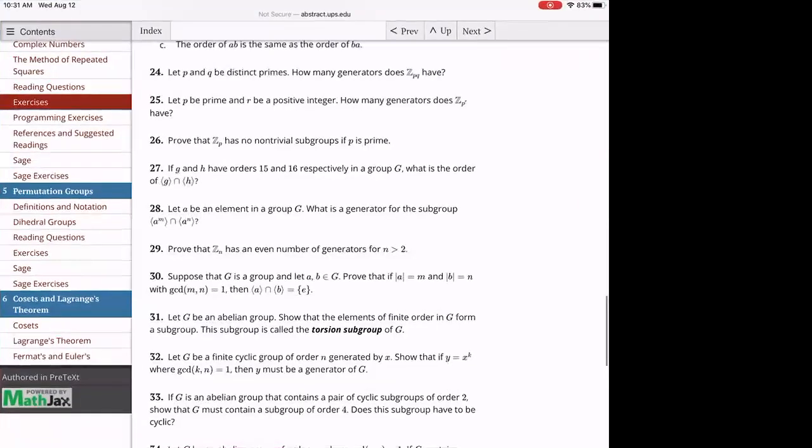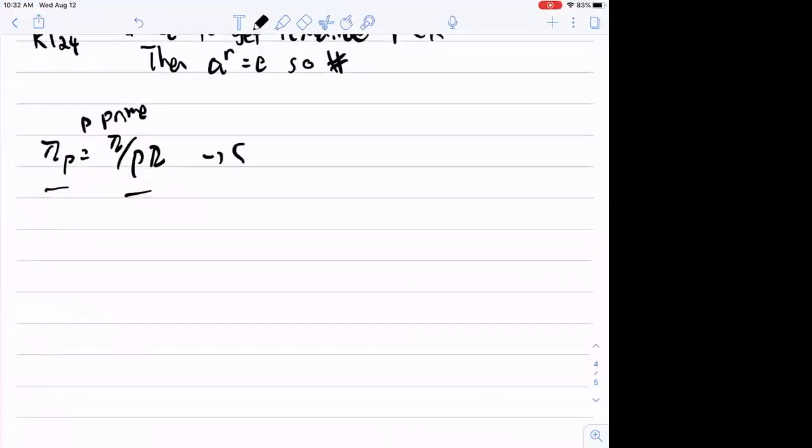Some people use this notation, some people use that notation. It's better to use the second one I wrote, but p is prime. Show Z mod pZ has no non-trivial subgroups.